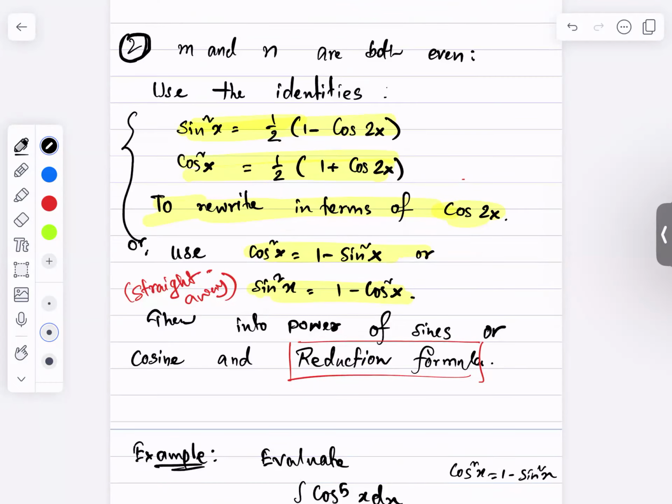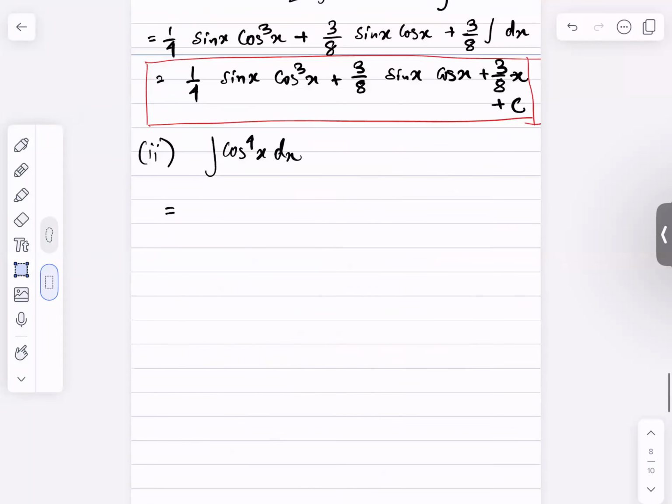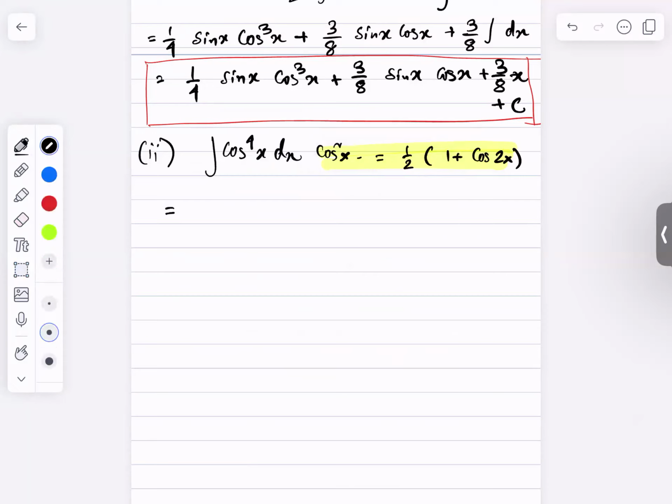I have cosine to the 4, so I need this one. Copy, and then paste it. I'll have to use this. So I have cosine square x whole square dx, right?